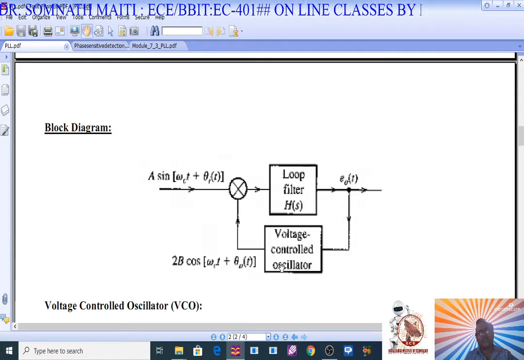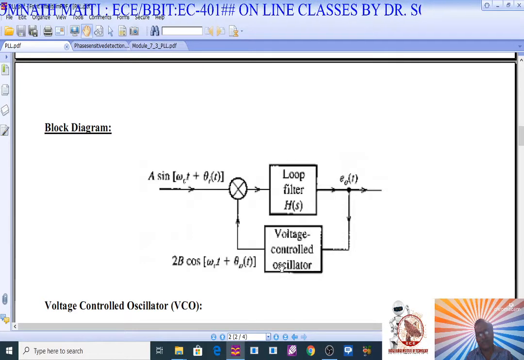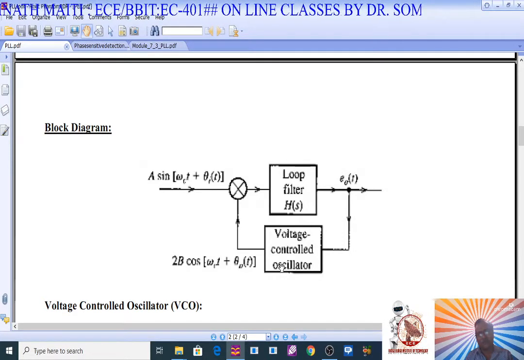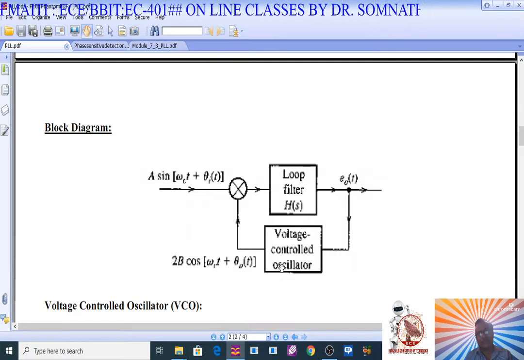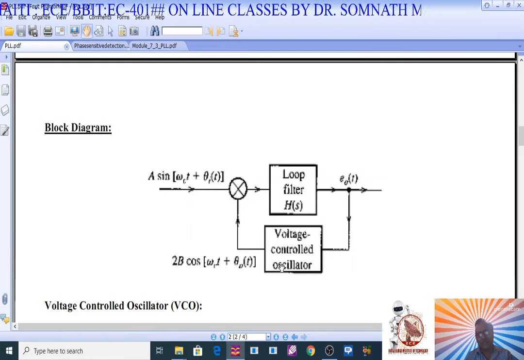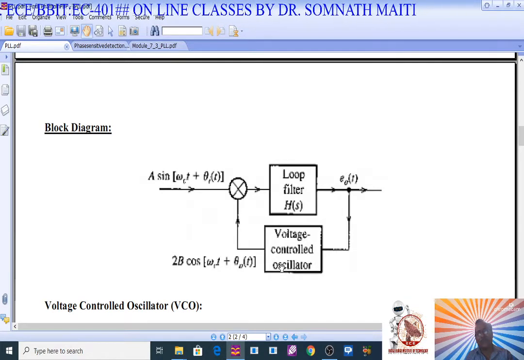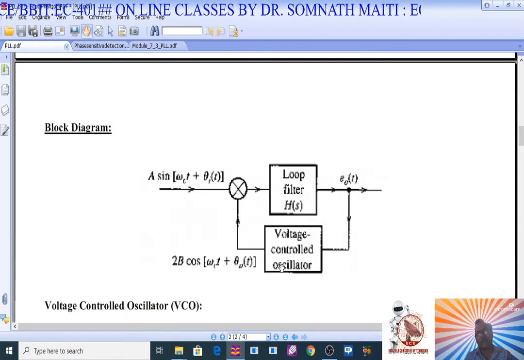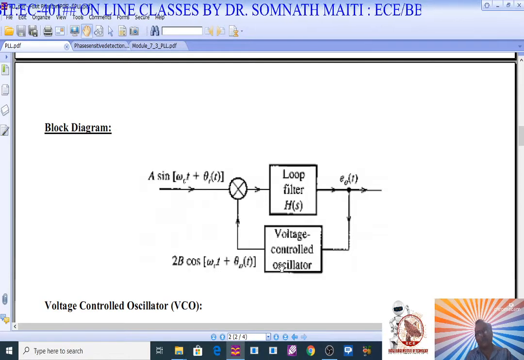So let's say after a certain time, if he has the capability, he will capture the thief. This capture is possible when the velocity of the thief and the velocity of the police are exactly the same.